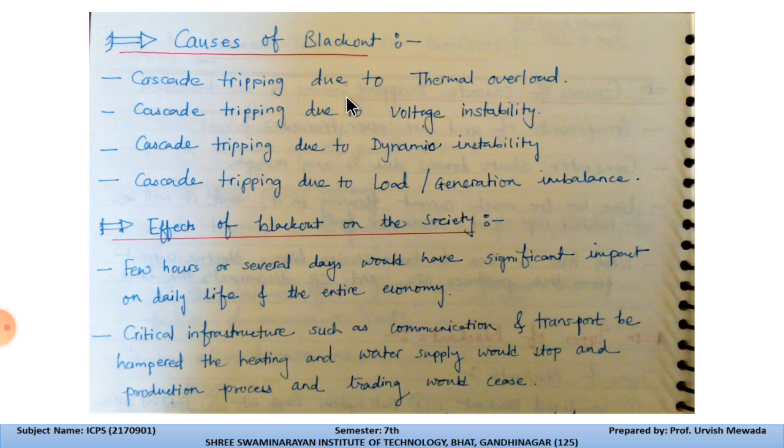And if they are unable to manage the load demand and generation, then cascade tripping can occur.